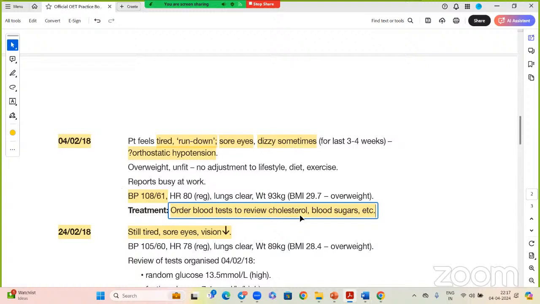Blood tests were ordered. BP, HR, lungs clear, all these things were there. Now, what happened here? If you see very carefully, what did the blood tests reveal? What did the results reveal?